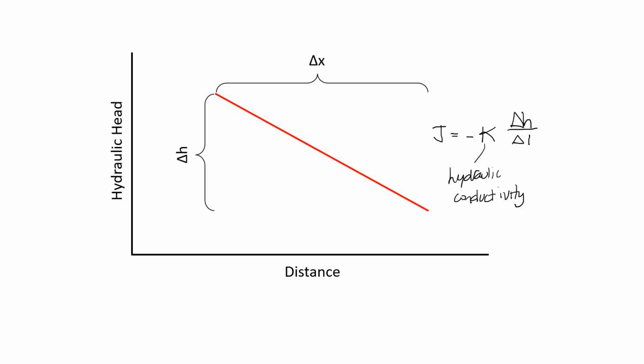But it's exactly the same idea. So if this slope is the slope of change in head, H is the variable for head, divided by change in distance, the rate of groundwater flow is proportional to the steepness of this slope.